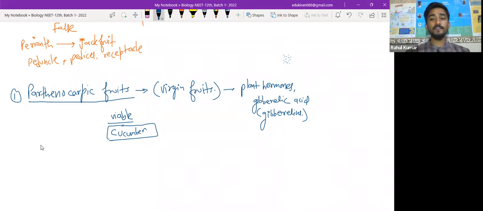You have an orchard of orange plants, and then before fertilization happens, you do not allow fertilization to happen, and you induce the hormones and the same conditions, water, everything, so that the fruit starts developing. Next season also you have to do the same thing. So we do it for our commercial benefits.